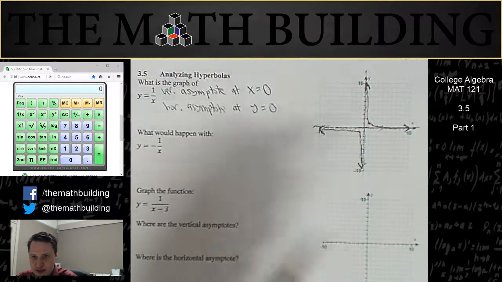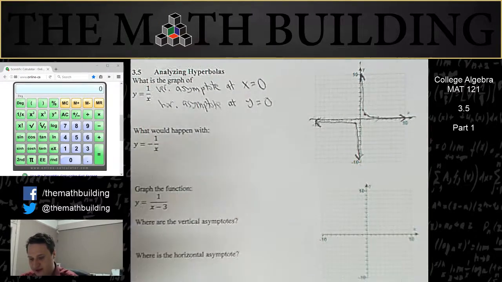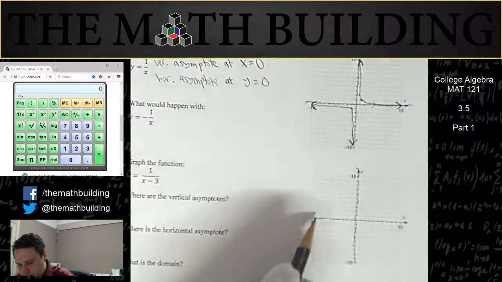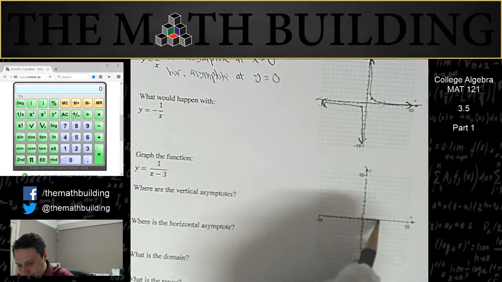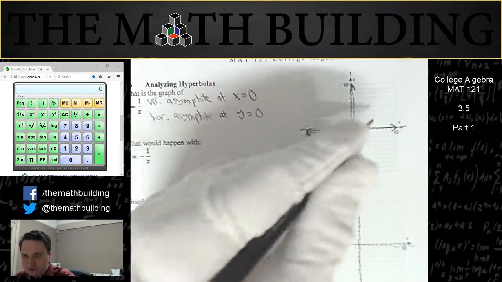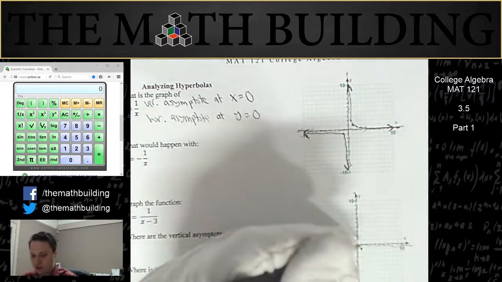Well, as you know, when you put a negative in front of a graph, it just flips that graph. So our asymptotes stay the same. Just like that, the asymptotes are the same, but essentially instead of being in the first and third quadrant, now it's going to be in the second and the fourth quadrant.